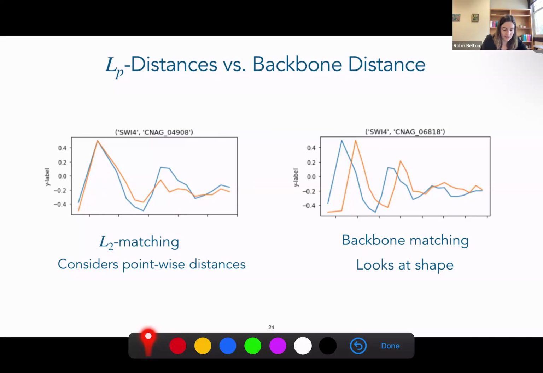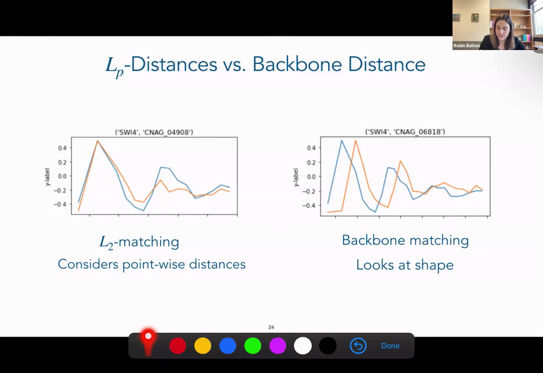For an L2 distance, we're looking at point-wise differences, and we're trying to minimize these point-wise distances. Whereas backbone is really matching more about shape. So we see that for these two time series here, SY4 and this CNAG 06818, this produced the smallest backbone distance out of all the CNAG genes.